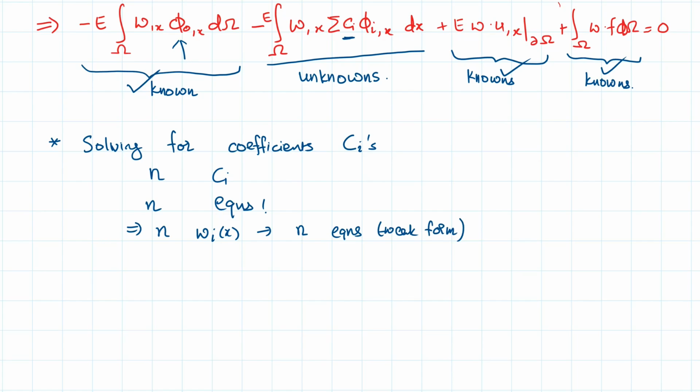There are various methods to consider the types of weight functions, the characteristics of the weight functions, etc. The very first method that we will consider today is the Galerkin method.